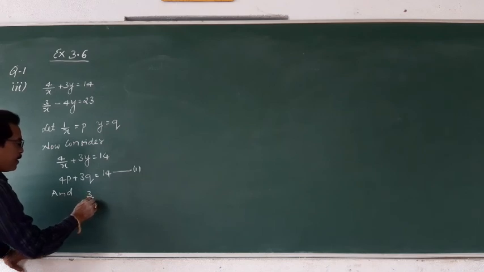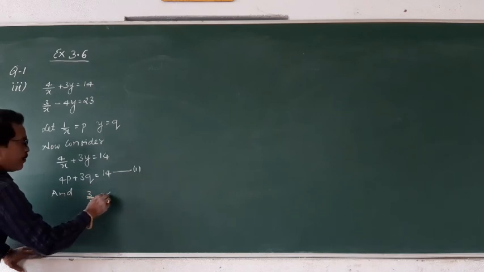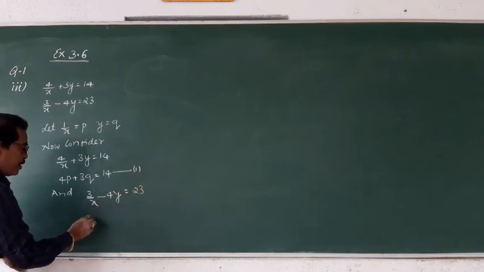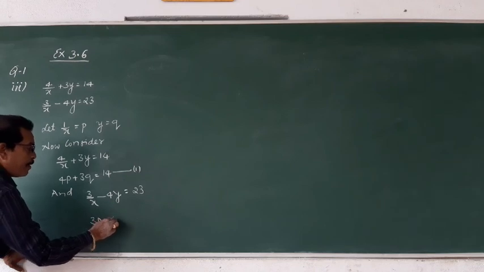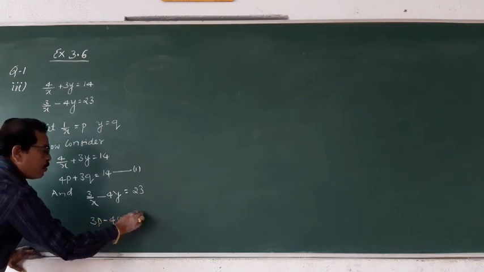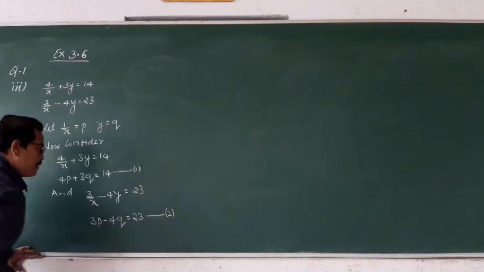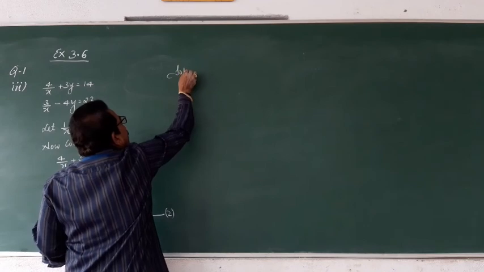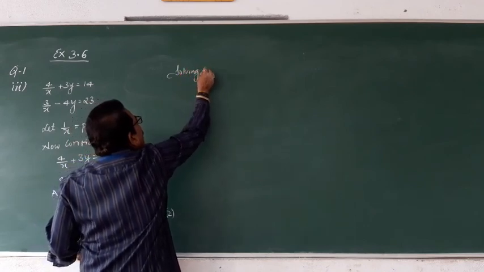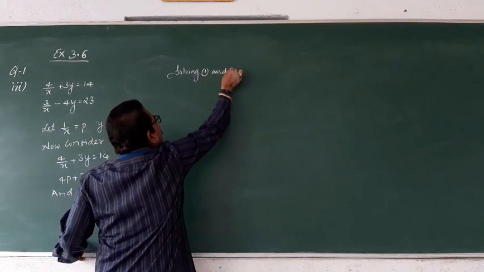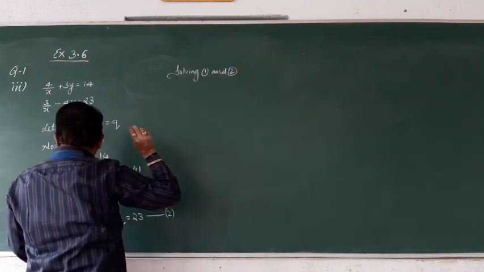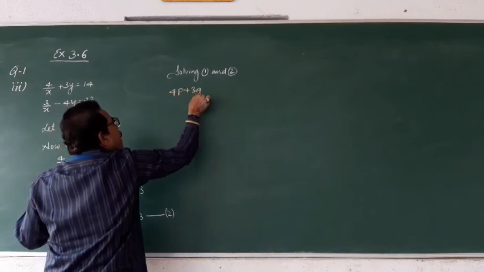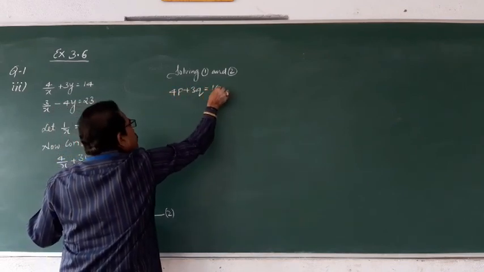Then 3 by x minus 4y equals to 23. That is 3p minus 4q equals to 23. Second, solving 1 and 2. 4p plus 3q equals to 14.